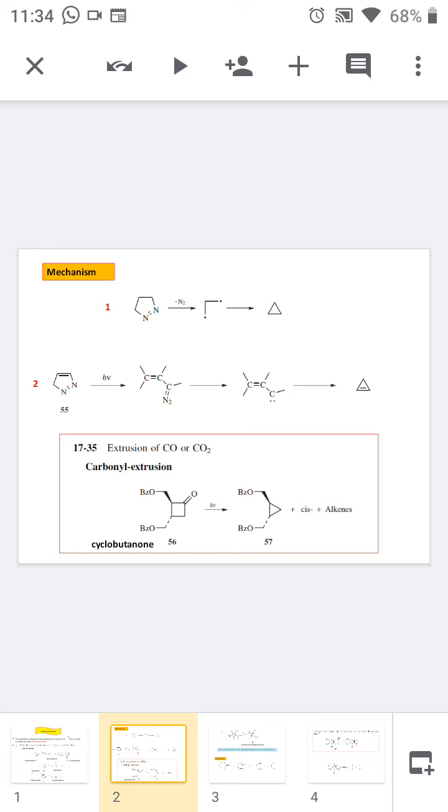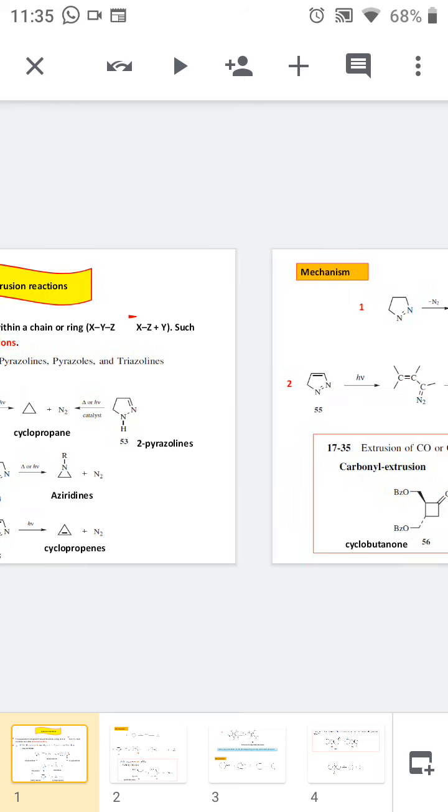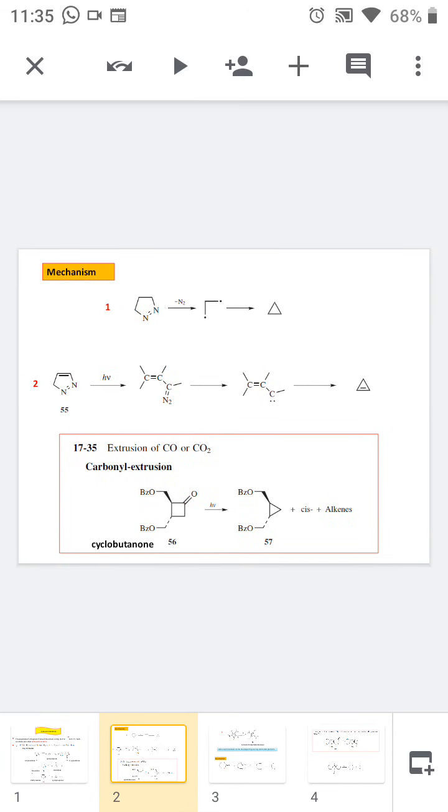So it will combine together and we will get a cyclopropane ring. Similarly in the second example also, the second example is 3H pyrazole converted into cyclopropene. In which also the nitrogen is eliminated.